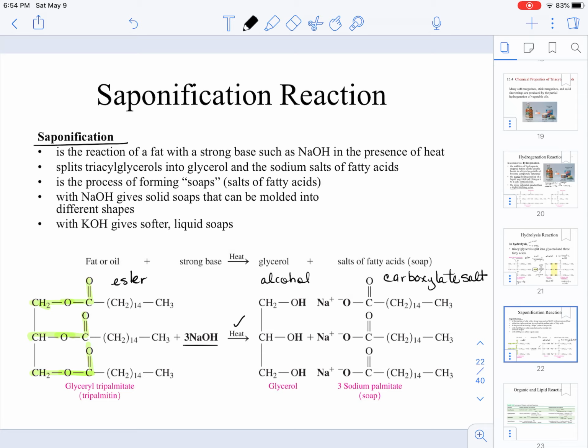Here, our alcohol is going to be glycerol, and our carboxylate salt is going to be the carboxylate from the fatty acid. Understand that these carboxylate salts that come from triacylglycerols are what we call soap, because these molecules can be utilized as soaps.